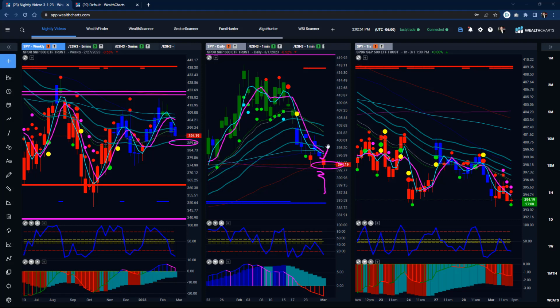Otherwise, we'll look to see if it starts to push back up above these key falling resistances on the hourly and the daily charts. But I'm not going to be too keen initially to take long side trades. I'd like for that to come back up and start giving me some support underneath, just like I had the resistance in my favor on the hourly and the daily, and then room to grow back down to the support on the weekly.